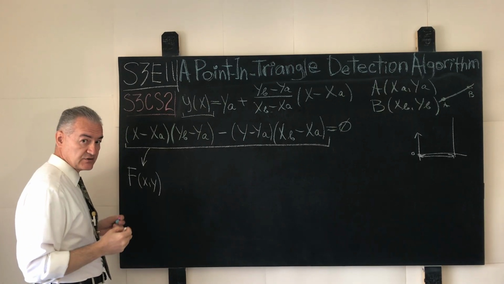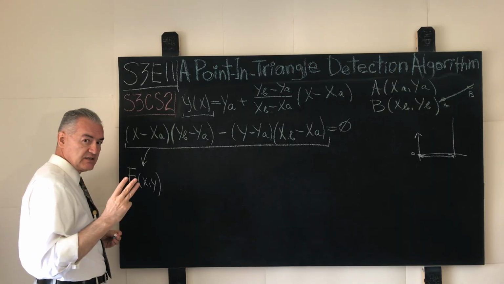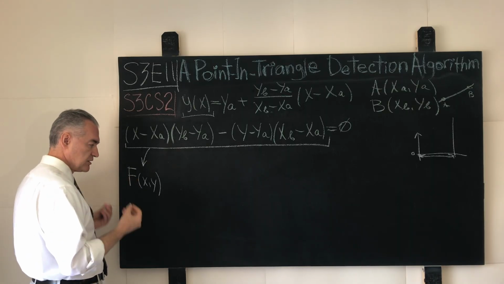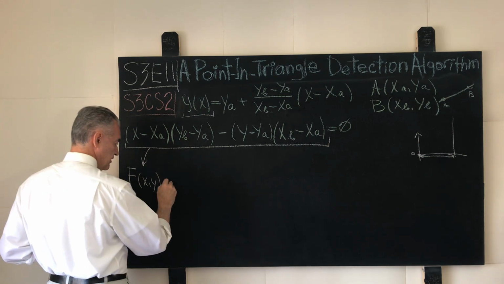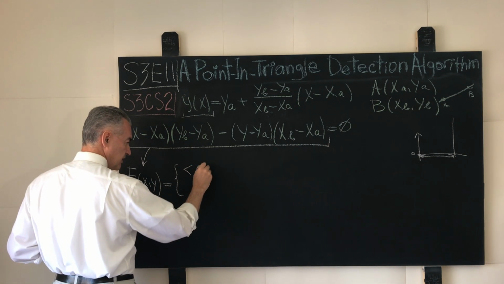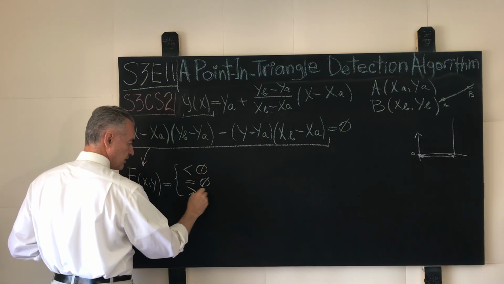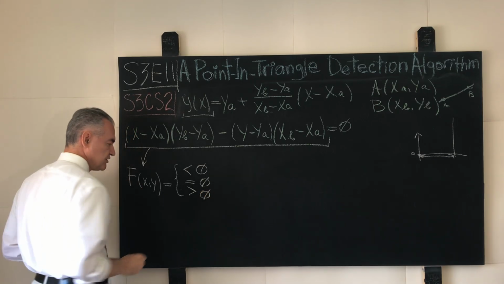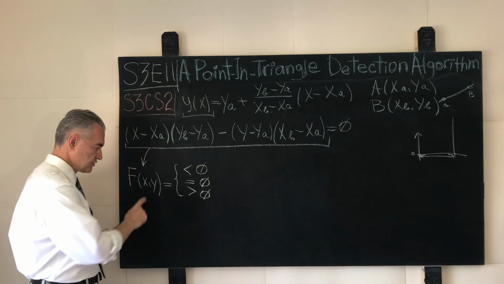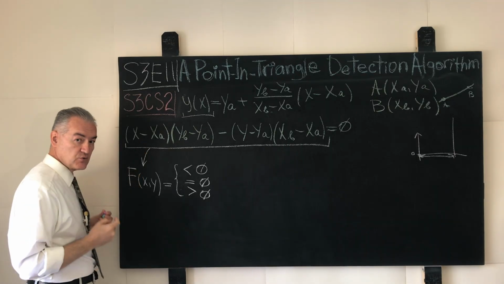And apparently, as it turns out, this function can take on only three distinct values that are of interest to us. That function can be strictly less than 0, equal to 0, or strictly larger than 0, depending on which values x and y are inserted into that part of the equation.